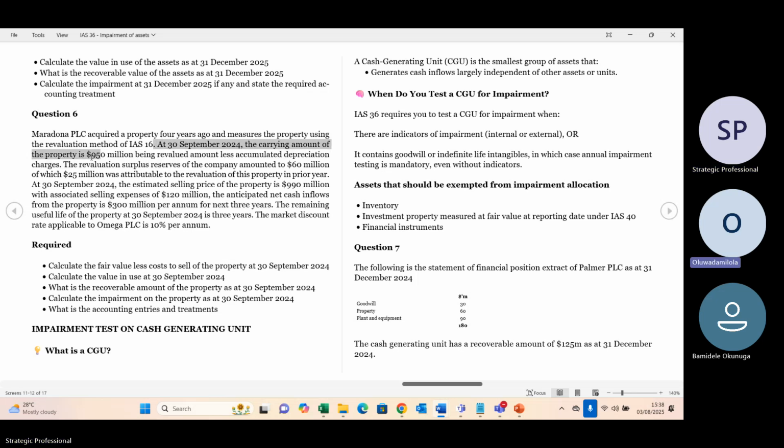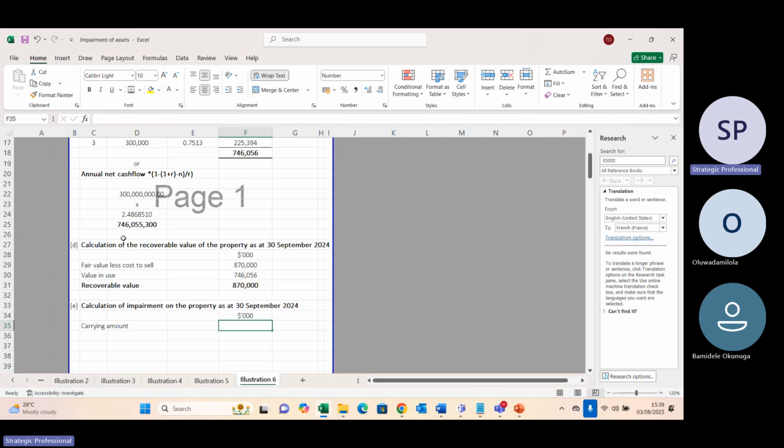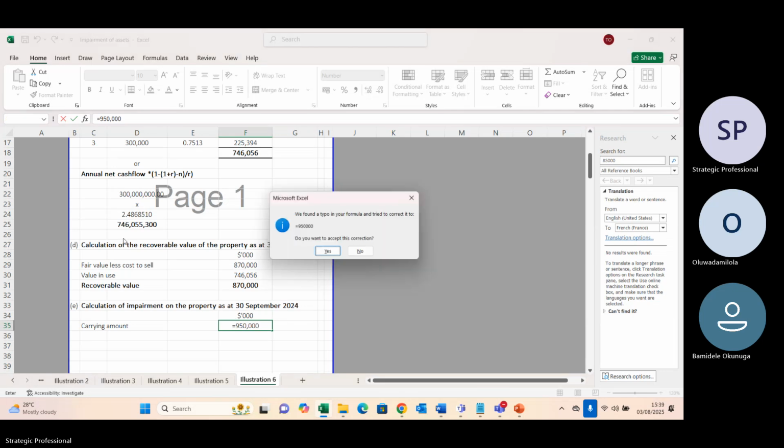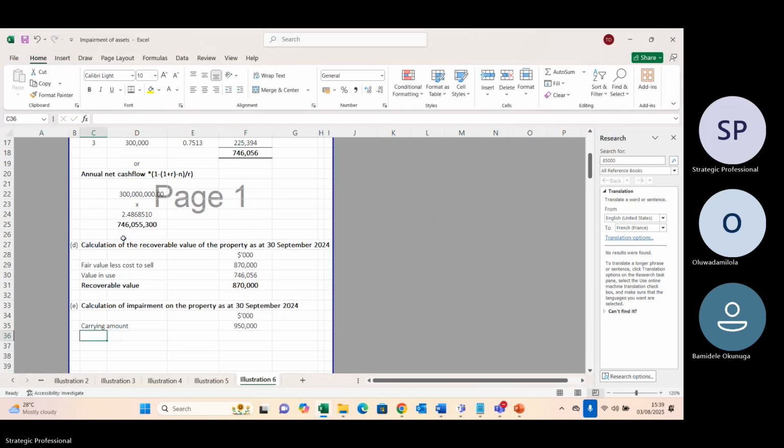They've given it to us directly: as at 30 September 2024, the carrying amount is 950 million, being revalued amount less accumulated charges. That's 950, less recoverable amount. Our recoverable value is 870. So there's impairment here because the carrying amount exceeds the recoverable amount.